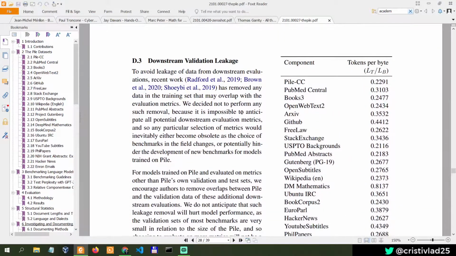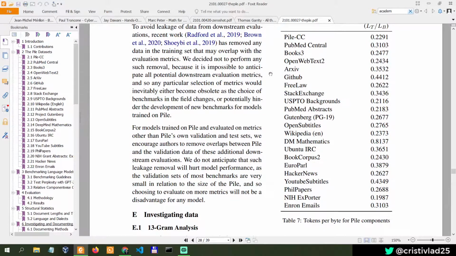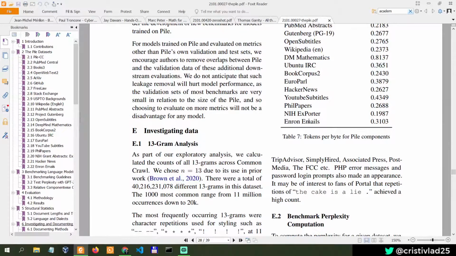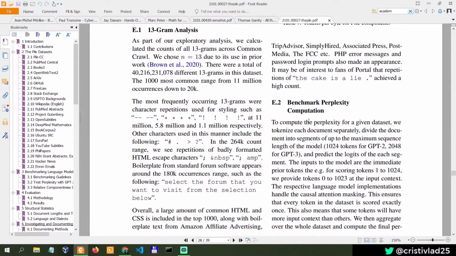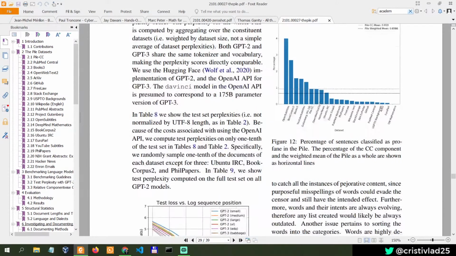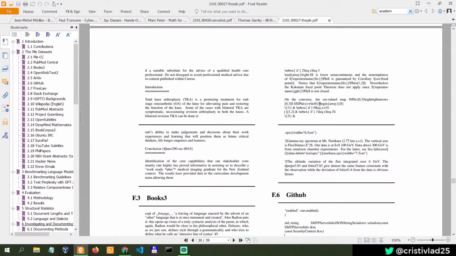Talking about deduplication, how many tokens per byte with respect to each of the datasets, which is insightful information when it comes to training a model. Again, perplexity, benchmarks. I think we could spend like 10 live streams getting into each of these sections, but it kind of defeats the purpose.